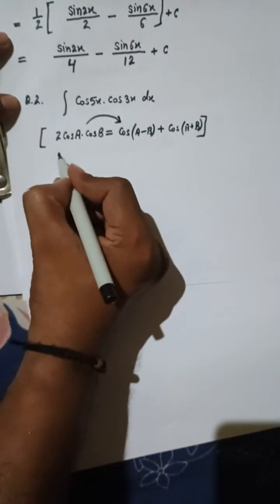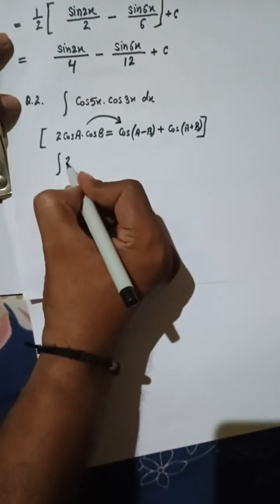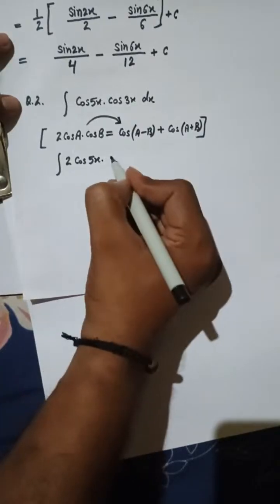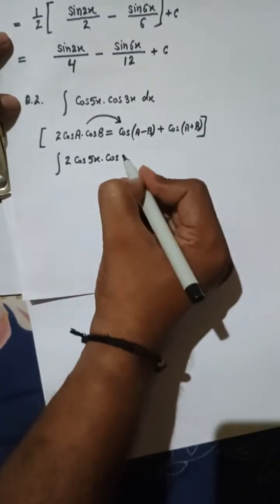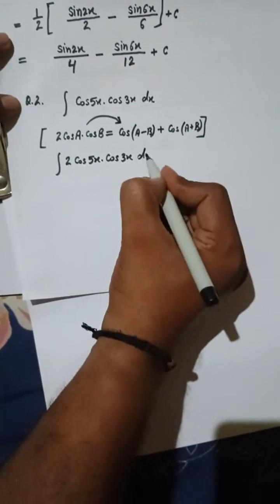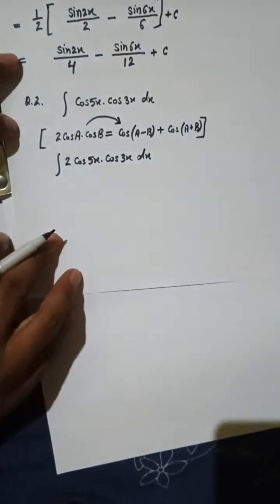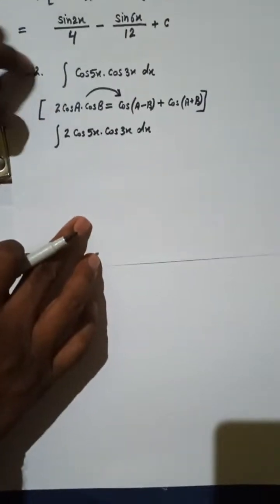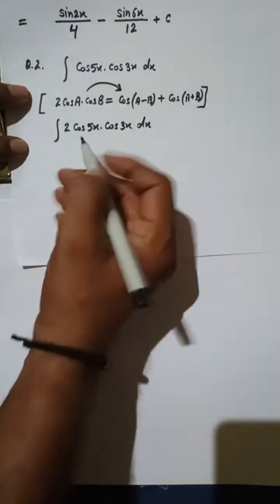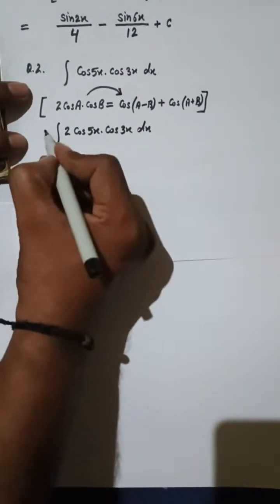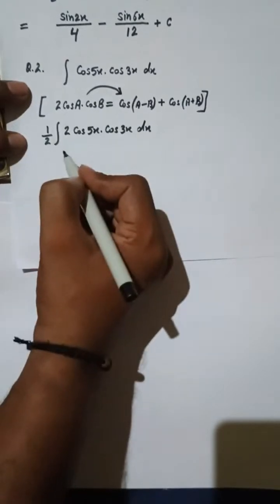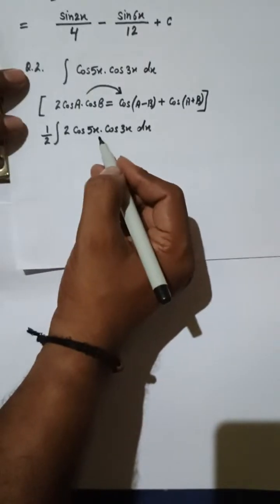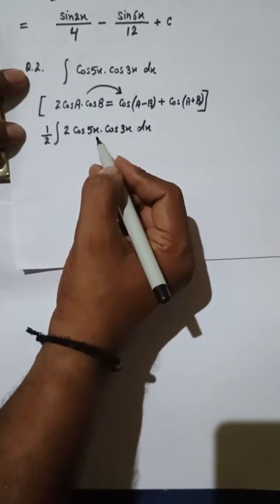Here I am writing integration of 2 cos 5x into cos 3x dx, and since I am multiplying by 2, I need to divide by 2 also. There is no alteration in the problem, and then I can move ahead.